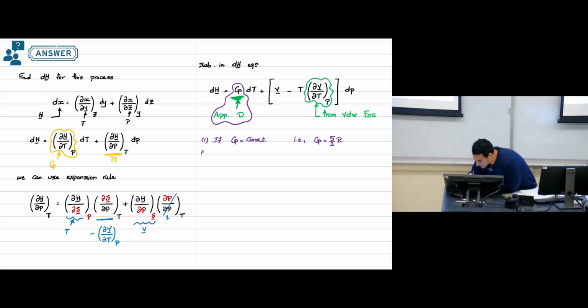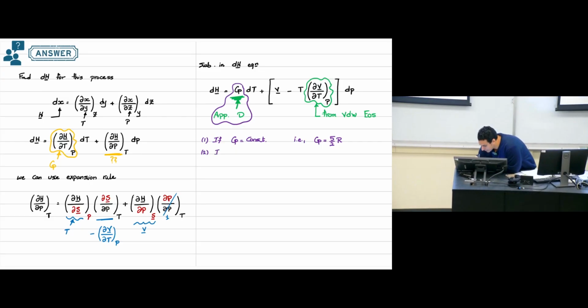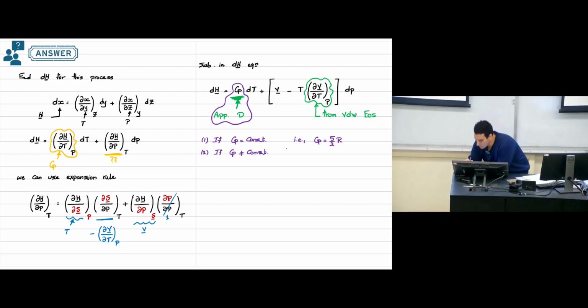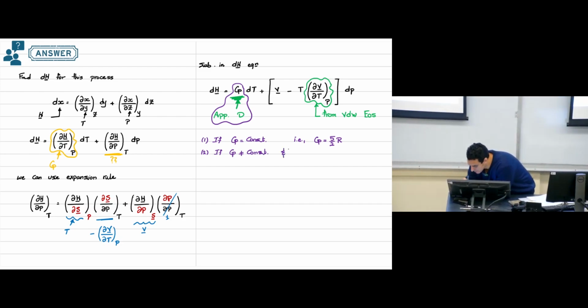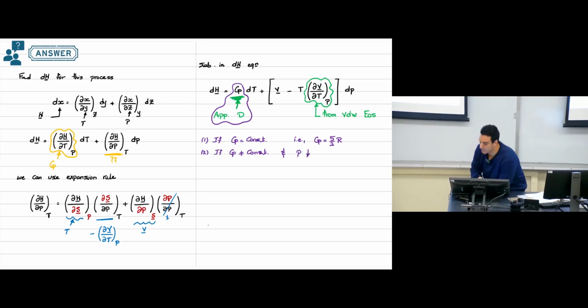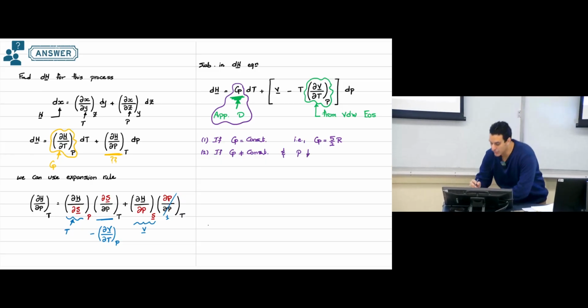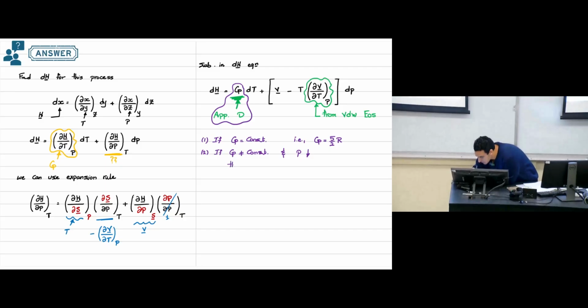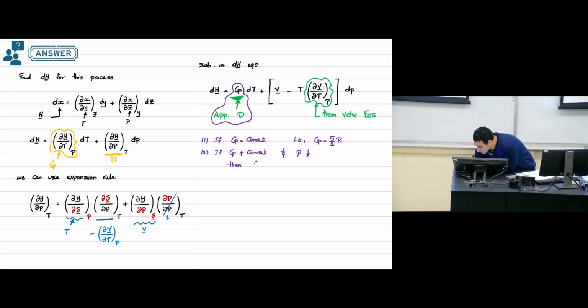We have another scenario. If Cp is not constant and in the problem we have a low pressure value, then Cp will be a function of temperature.